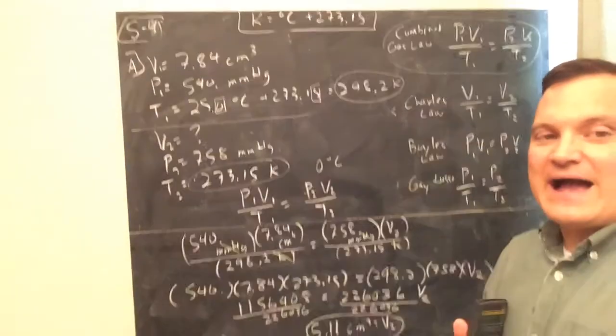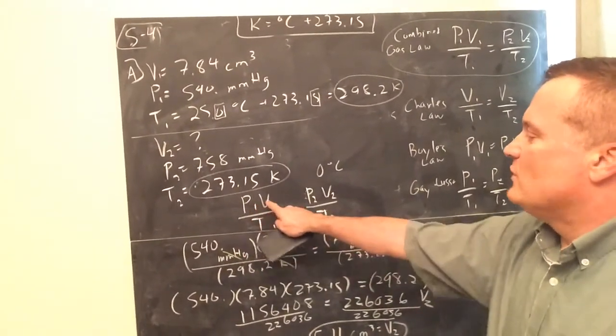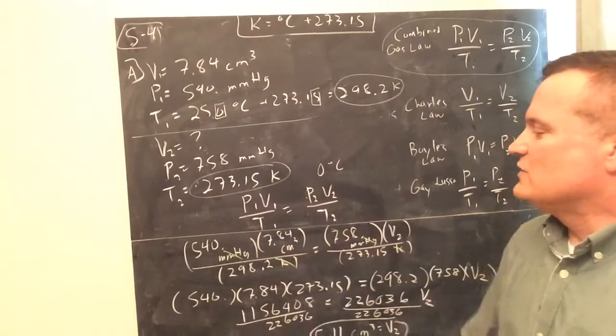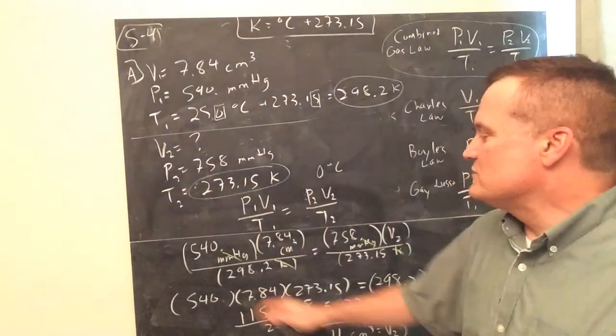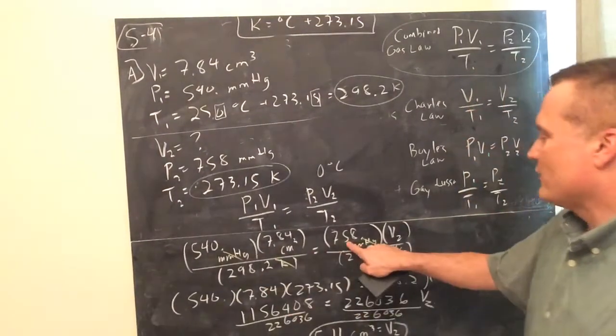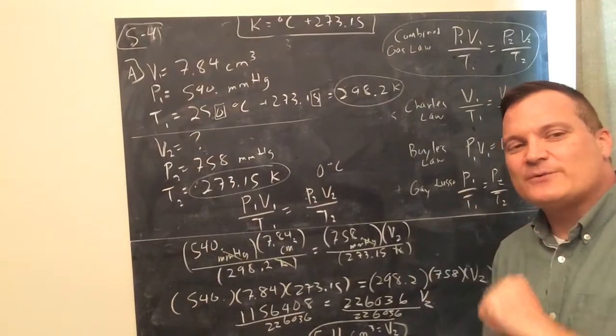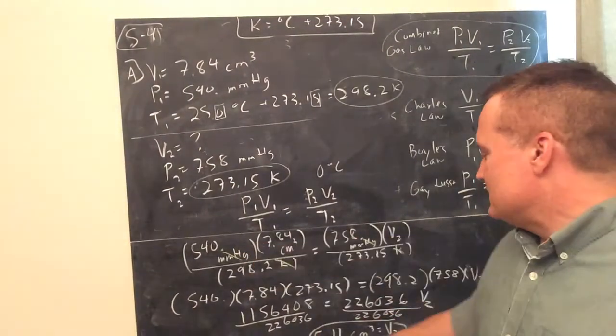Now, the other thing, I did it without saying it. Since all you're doing is multiplying and dividing here, you can use the count rule. So just count 3 sig figs, 3 sig figs, 4 sig figs, 3 sig figs, 5. So 3, 4, 5, the smaller number is 3. So your answer is rounded to 3 sig figs.